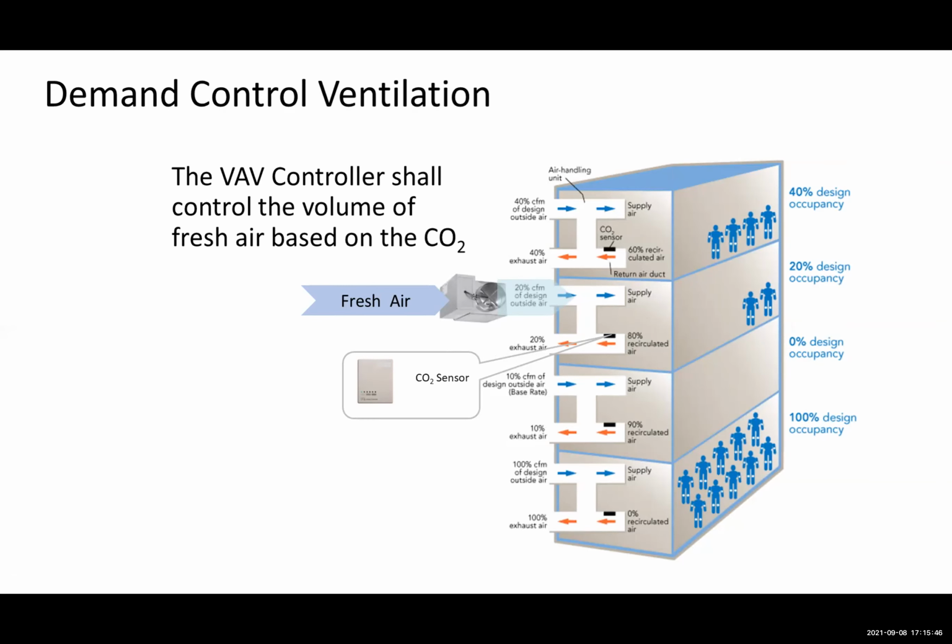So this is a major component. So we have to have enough demand control ventilation and indoor air quality sensors, which will take us through proper operation of these fresh air systems into the building.